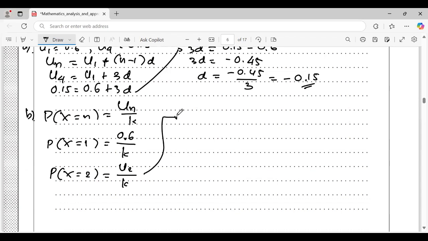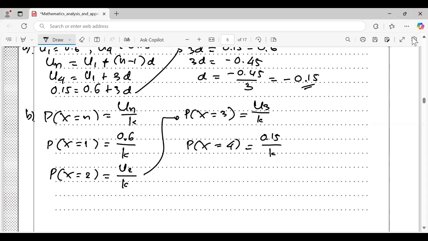If probability x equal 3, or n equal 3, u third divided by k, and if probability x equal 4, it is 0.15 divided by k.